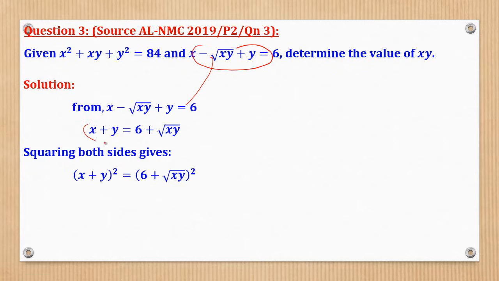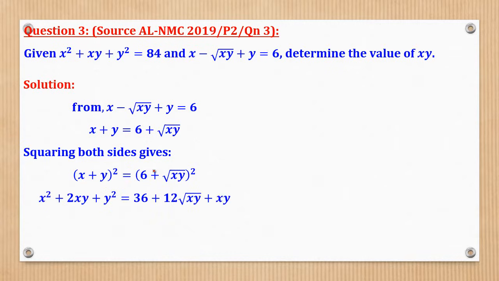Squaring both sides, this gives you x plus y squared, and this gives you x plus root xy squared. Expand this using the identity, expand this using the identity, you come up with those values. The next is to rearrange here, collect like terms. Here there is 2xy, here there is xy. So when I bring this one this side, I'll come up with just xy.